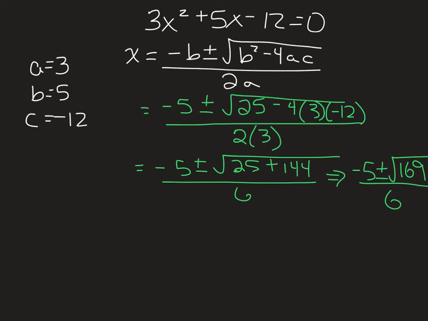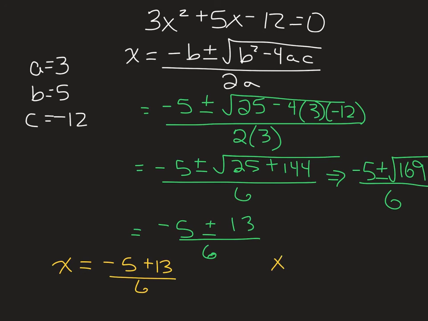Keeping it moving here, I still have that negative 5 plus or minus. Do we know what the square root of 169 is? We sure do. It's 13. The square root of 169 is 13, over 6. So let's break this down a little bit more. We're saying that x is equal to negative 5 plus 13 over 6, and we're also saying that x is equal to negative 5 minus 13 over 6.